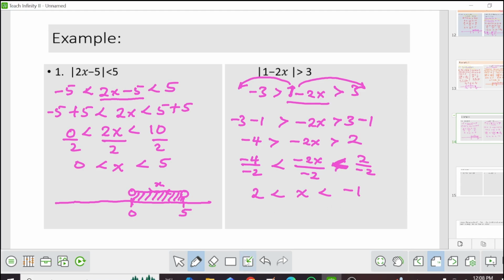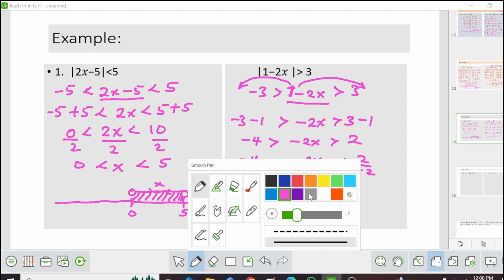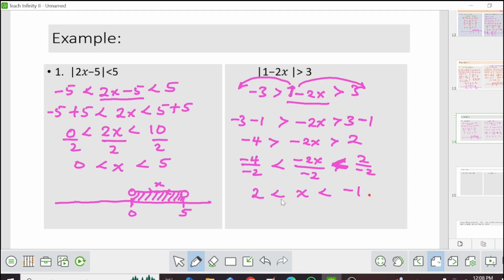So to represent this on a number line, you can draw your line, then signify the point as 0. Here will be minus 1, and then here is 2.